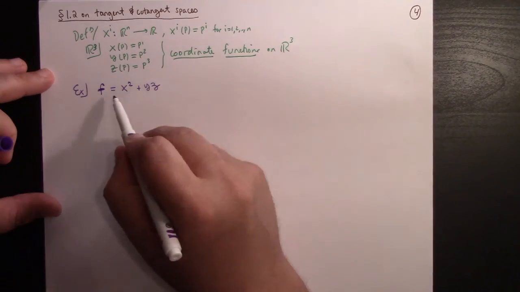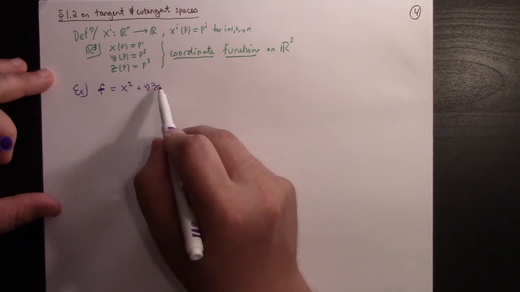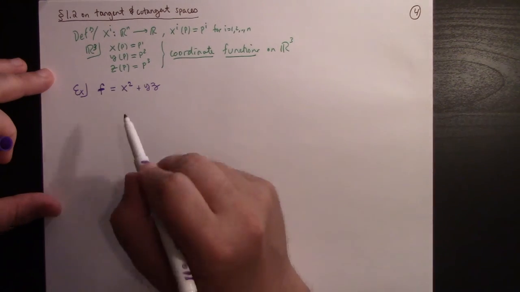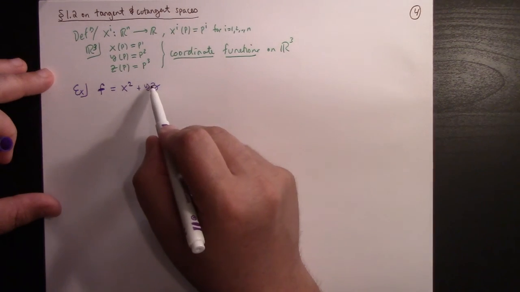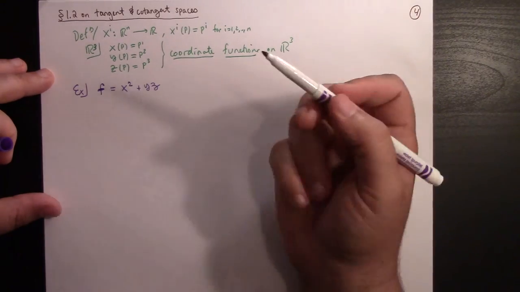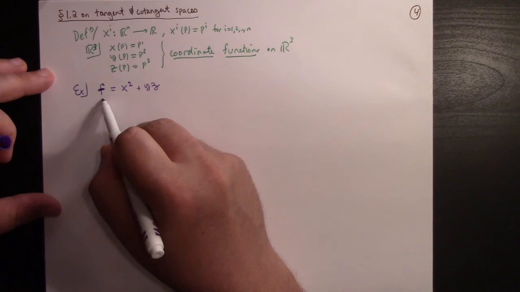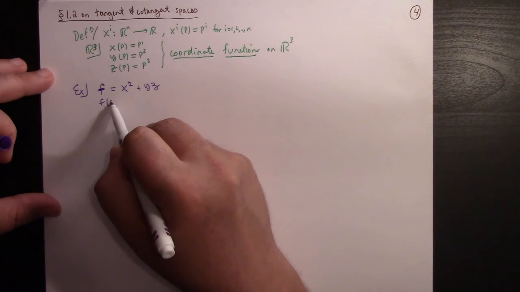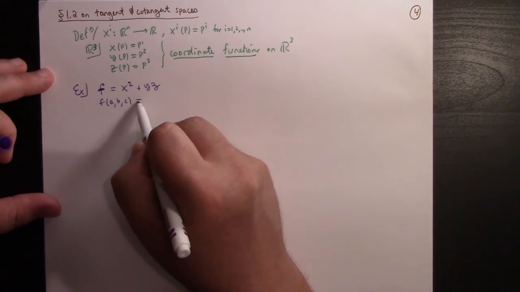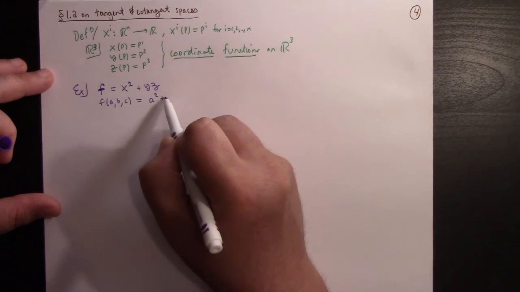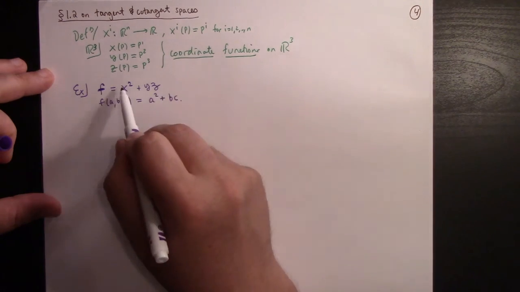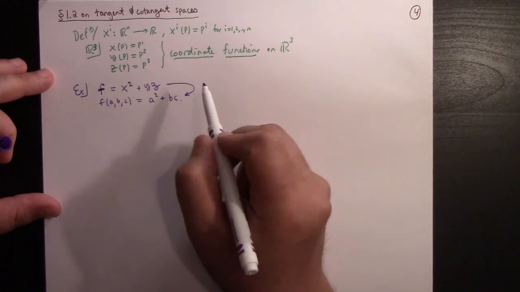What this means is that this function is equal to x times the x function plus the product of the y and z functions, you know, usual multiplication and addition of function rules. So for example, if I was to say f of a, b, c, well, that would mean a squared plus bc, right? That's what this implies, all right?